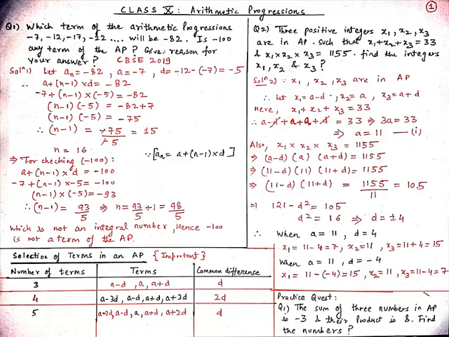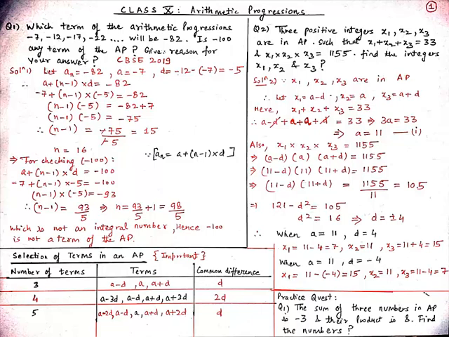So as I have already told you, if the number of terms is odd, then we will take the middle term as a, and after a we will take a plus d, and before a we will take a minus d. So in our question, 3 positive integers are x1, x2 and x3. So here we will take x1 is equal to a minus d, x2 is equal to a, and x3 is equal to a plus d.